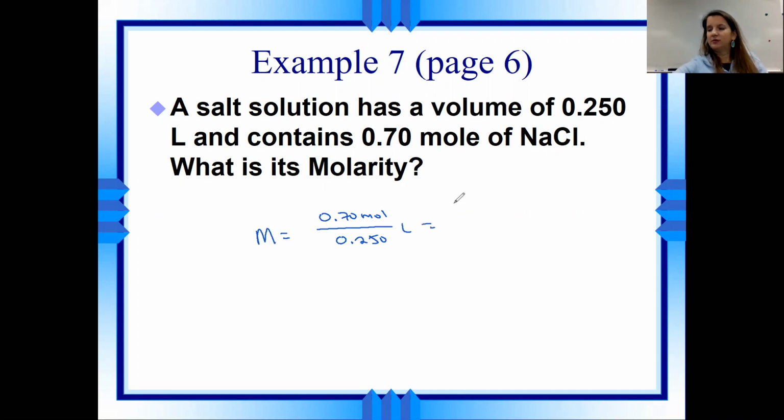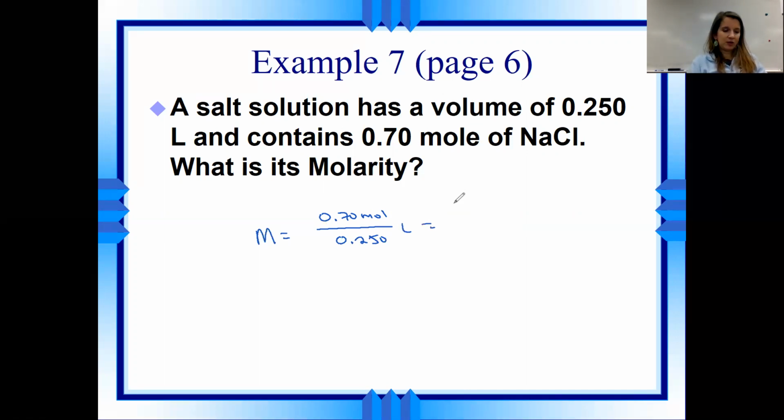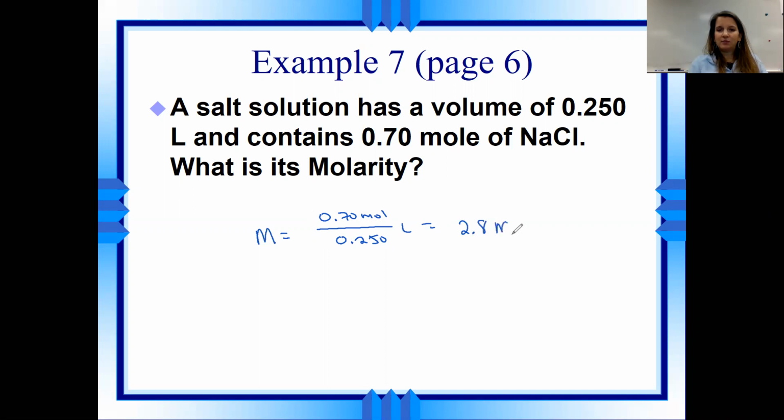In order to solve, we just have to divide on this one. We always base multiplication and division sig figs on whichever one has the fewest sig figs, in this case 0.70. So our answer is going to be 2.8 and our unit is big M. So that's how we would record our answer here for example 7.